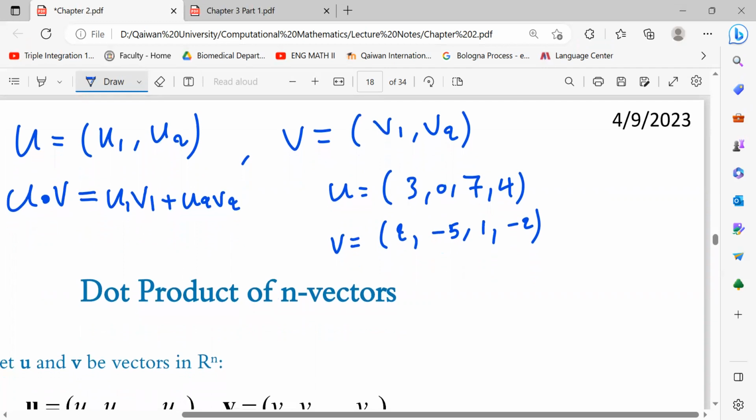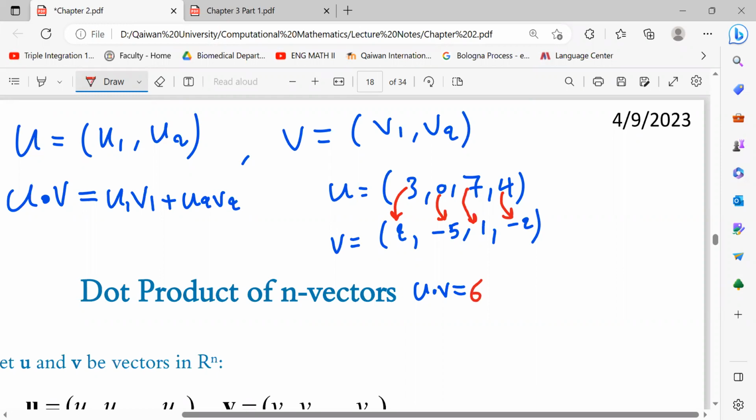If it asks, what's U dot V? The angle is not given. How to find it? We just multiply the corresponding components: these two, these two, these two, and these two. Then sum them. It's easy. 3 times 2 is 6.